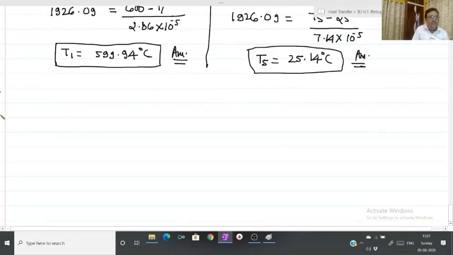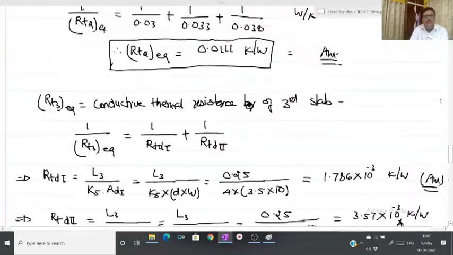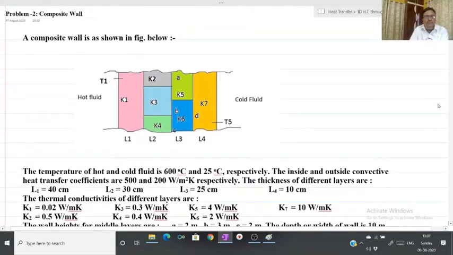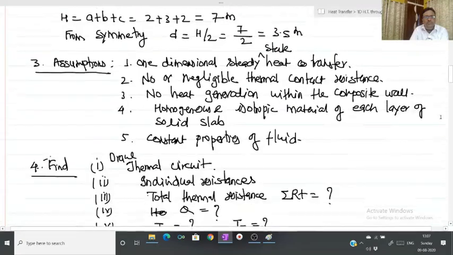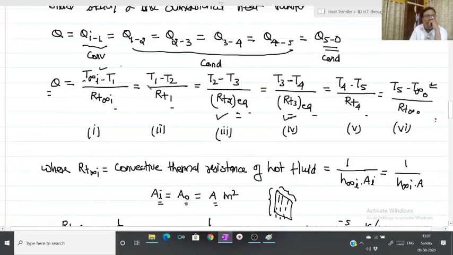And the last objective is to calculate interface temperatures T2, T3 and T4. Now how to calculate them? Again, let us refer to those equations. T2 is appearing in equation number 2 and 3.